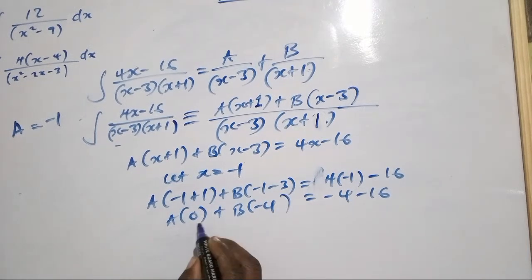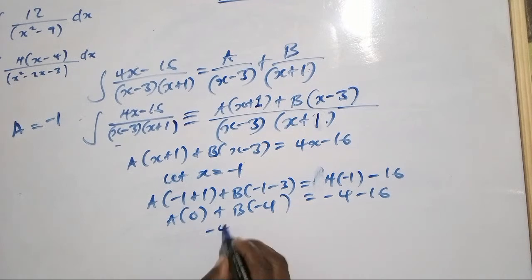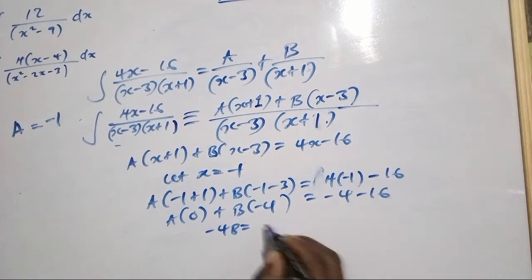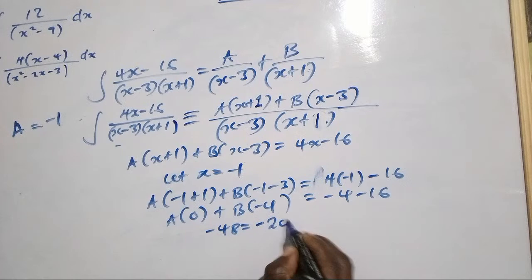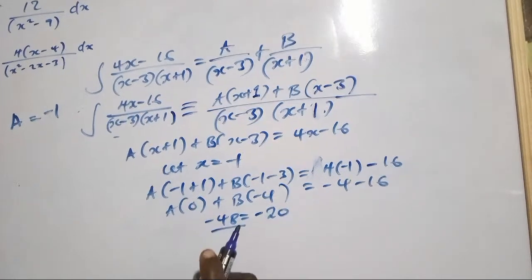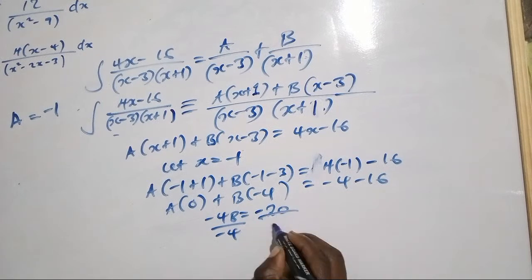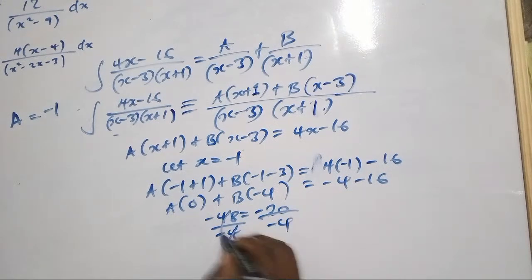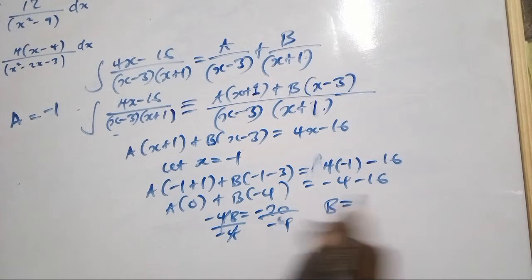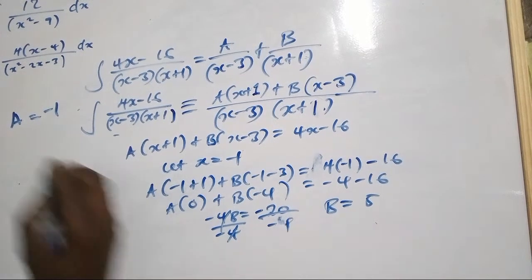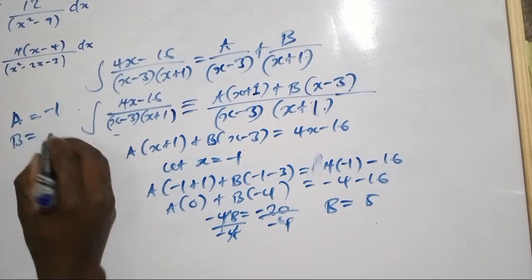In which a will be 0, so we're going to have -4b equals -4 -16, we're going to have -20, right? Then you divide by -4, then b will be equal to 5. So these are our values. So for b we have 5, right?